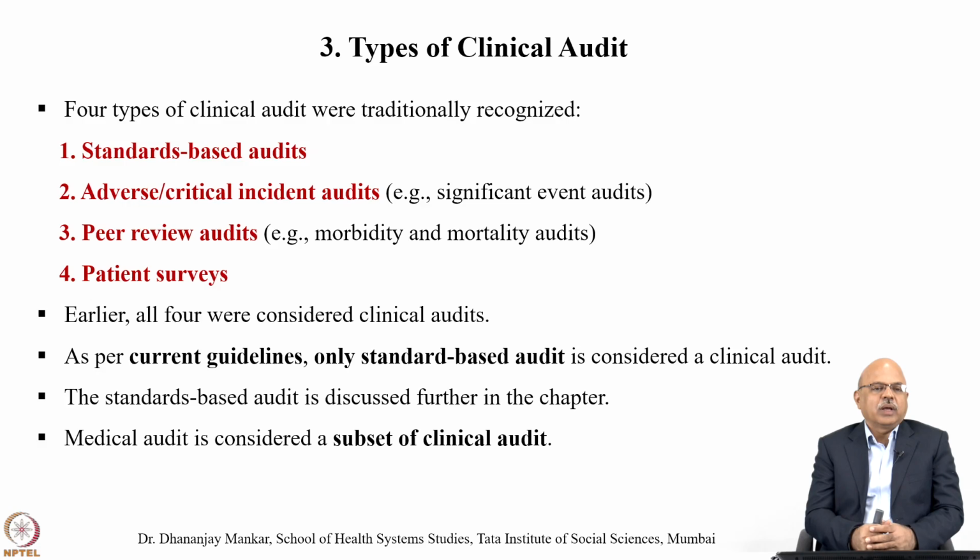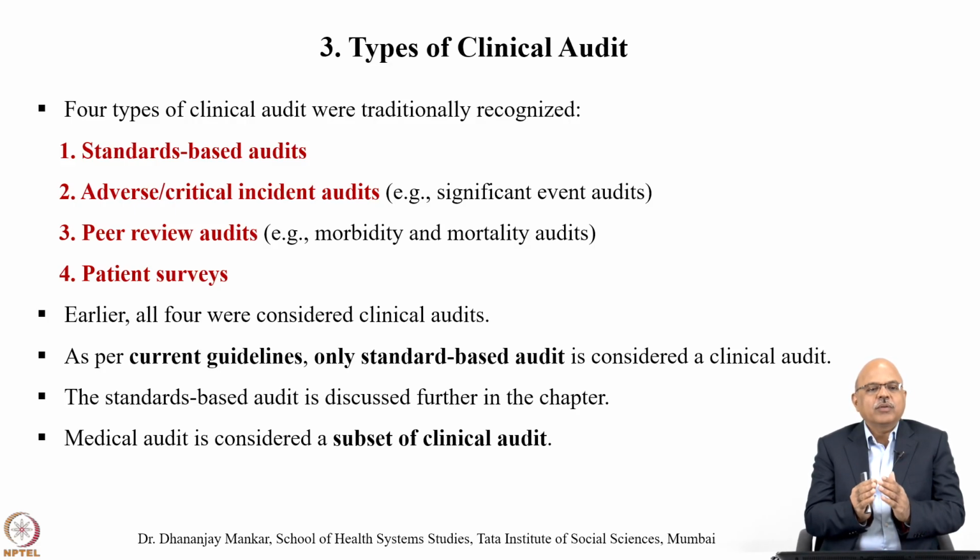What are the types of clinical audits? There are four types of clinical audit traditionally recognized: standard based audit, adverse or critical incident audit, which is significant event audit, peer review audit, which is done especially for morbidity and mortality audits, and patient surveys. Earlier, all four were considered clinical audits. As per the current guidelines, only standard based audit is considered a clinical audit.